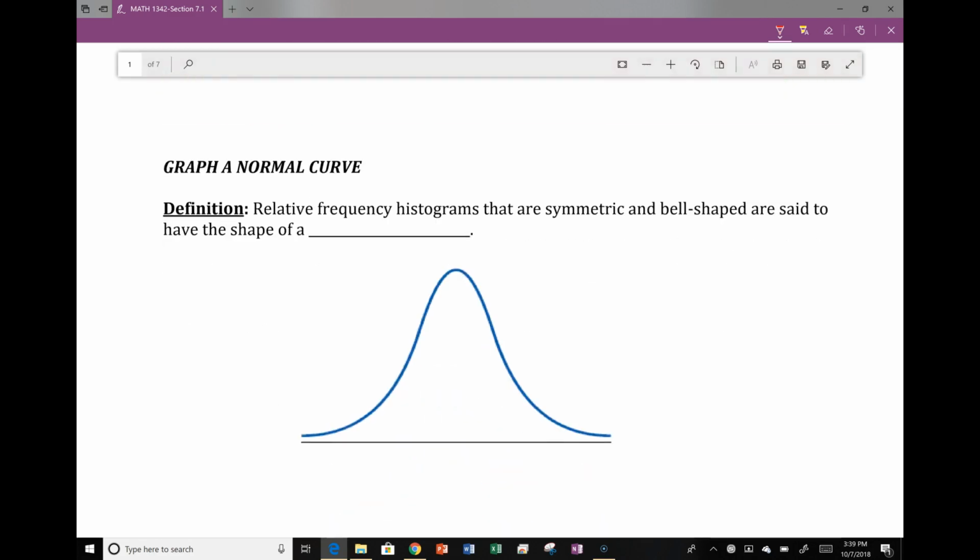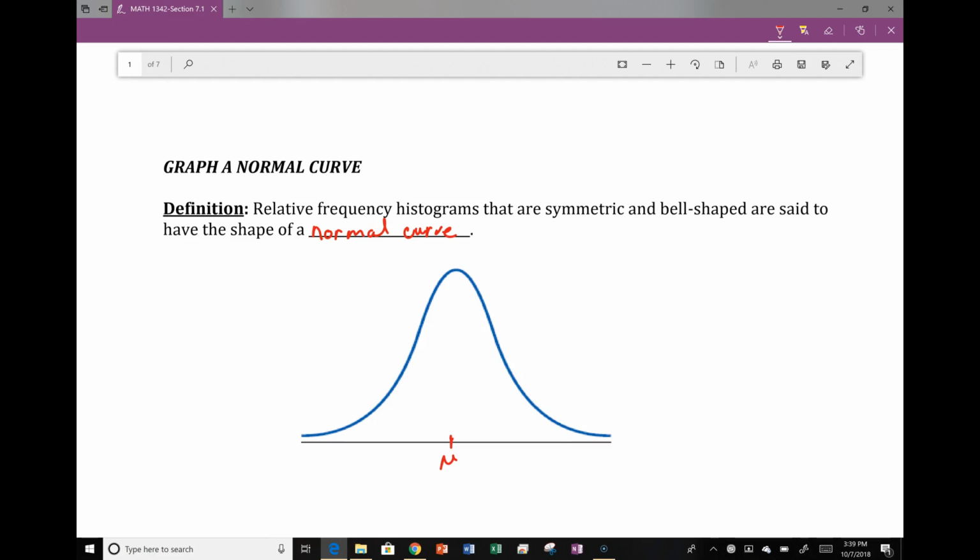So let's look at the normal curve. Here is our mean, and it goes the same way in both directions. It's bell-shaped. We can fold it over on top of itself.